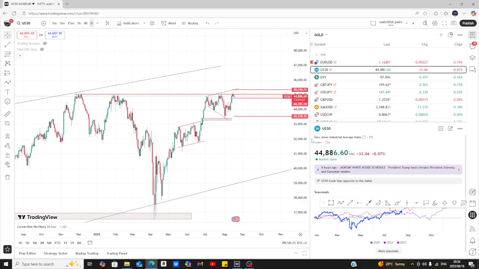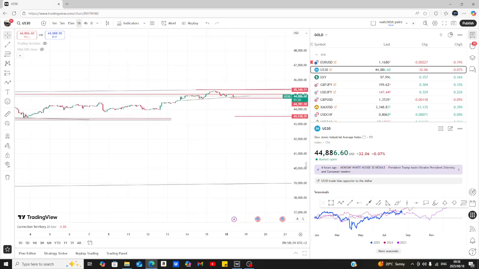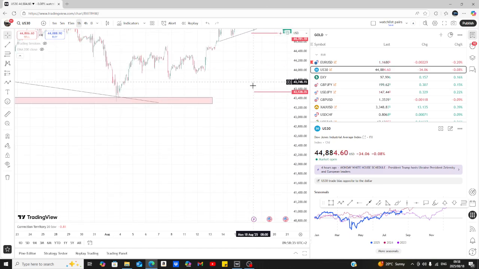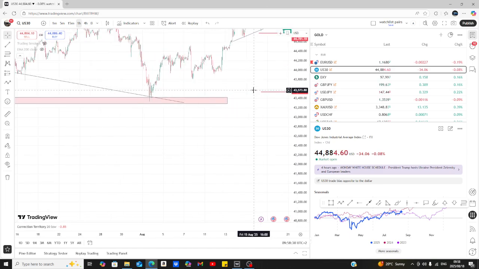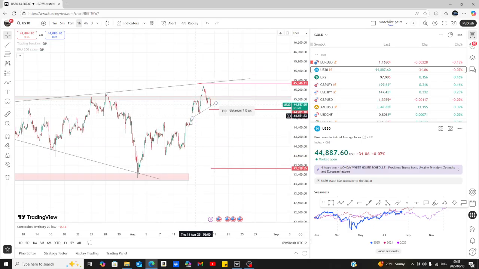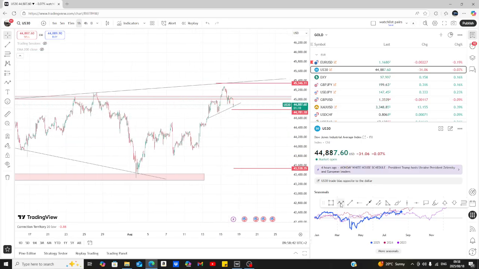So one thing that I will be looking for today is a potential shoulder forming into a head and shoulder sort of formation.